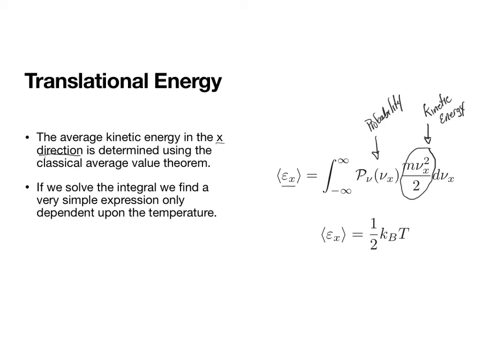If we do this, your book does it for you. I don't really care that you can. If we do this, we get that the average energy in the x direction is equal to 1/2 kB times the temperature. This is a very simple answer. We like simple.